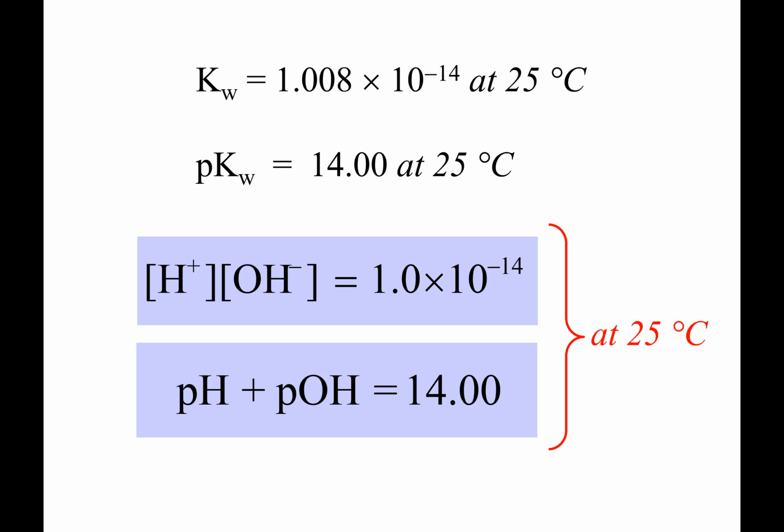So again with the box, right? At 25 degrees Celsius then, this is the relationship we have between the molar concentration of your hydrogen and your hydroxide ion and your pH and your pOH, assuming it's at 25 Celsius.